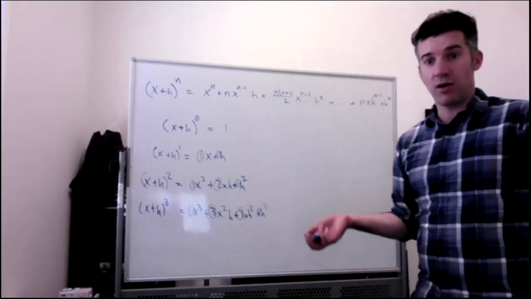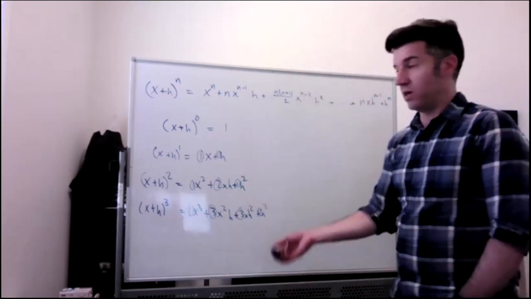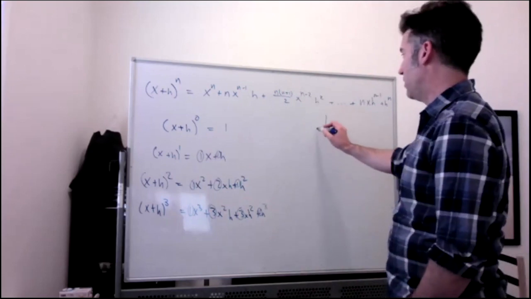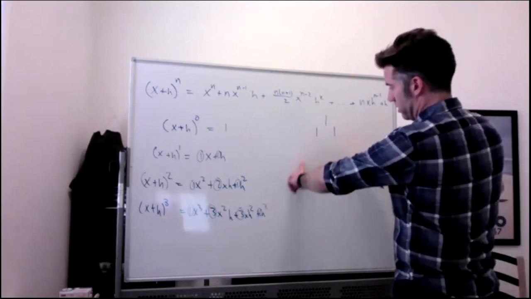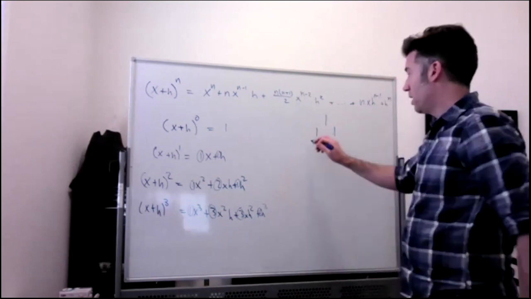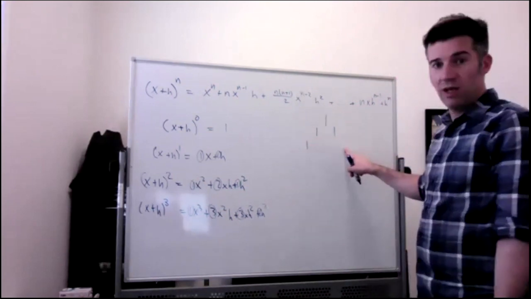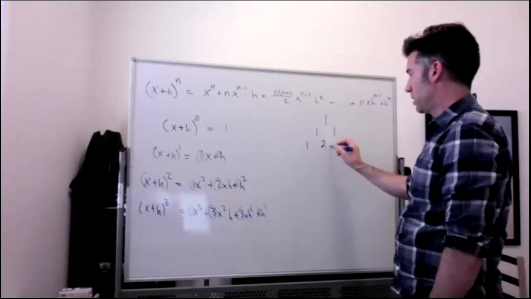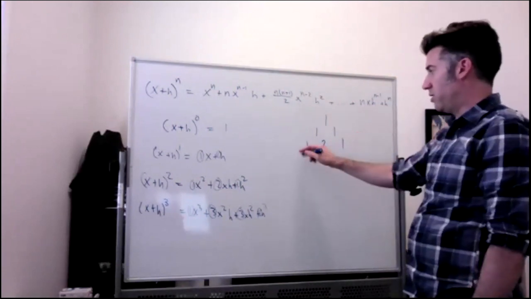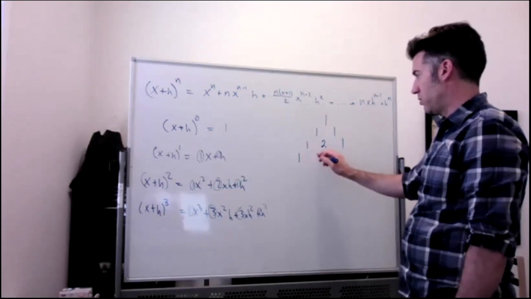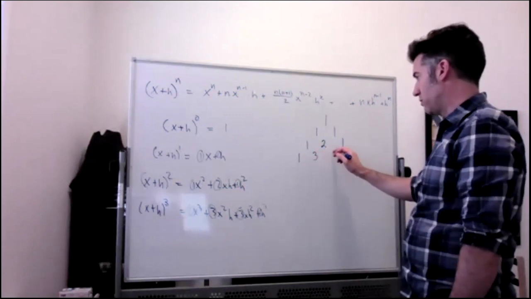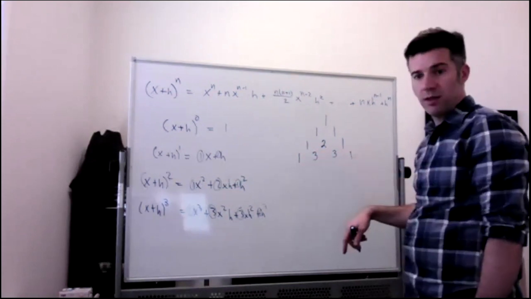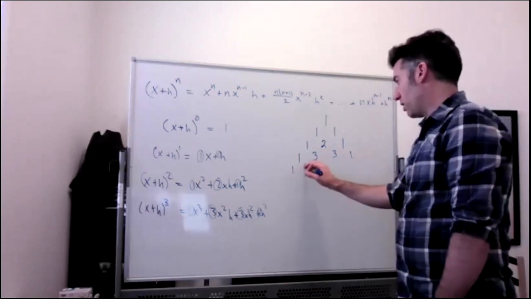Those come from something called Pascal's triangle, which is where you start with a 1 at the top and then some 1s down, and you get basically 1s on the outsides of the triangle. And then each middle term, you get by adding the upper two things. So like 1 plus 1 gives you 2. And then you get a 1 on the outside, and then 1 plus 2 gives you 3. 2 plus 1 gives you 3, and then a 1. And you can keep going.